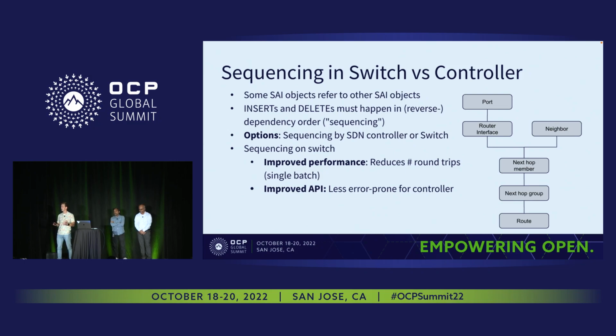As you may know, SAI objects form a hierarchy of objects where some objects may refer to other objects, which in turn may refer to yet other objects. So when you insert such an object, you need to respect this dependency graph, or DAG, directed acyclic graph, right? In the sense that you want to insert referees, so objects that are being referred to, before the objects that refer to them.